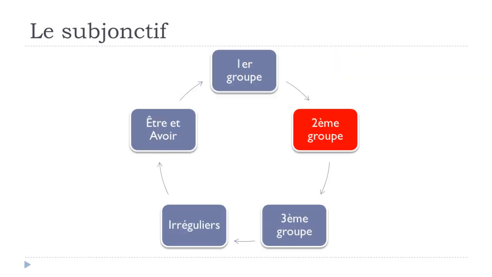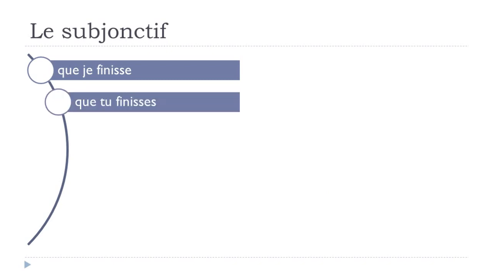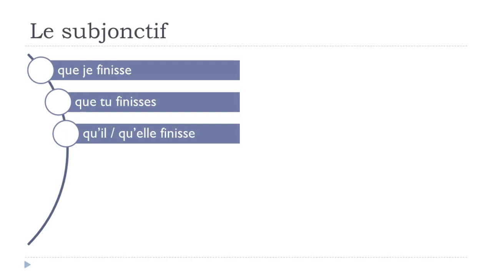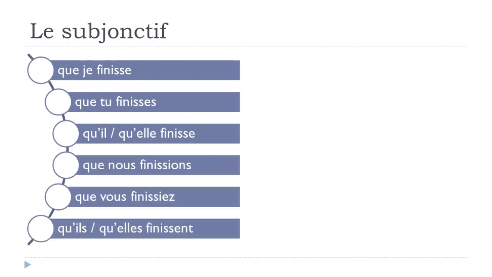So now let's see how it goes for the second group. All right? So second group, I took the classic example, finir, to finish or to end. Que je finisse, que tu finisses, qu'il finisse, qu'elle finisse, que nous finissions, que vous finissiez, qu'ils finissent, qu'elles finissent.